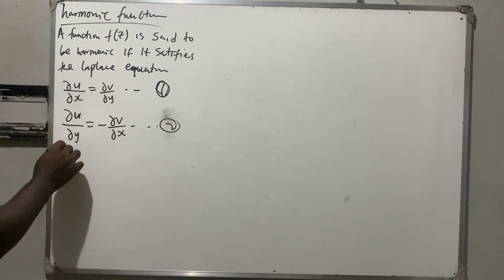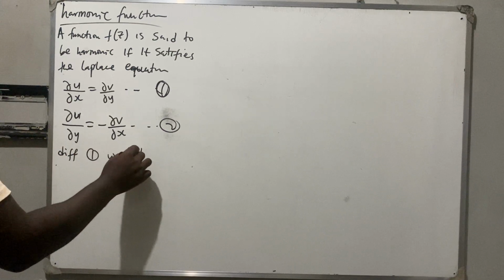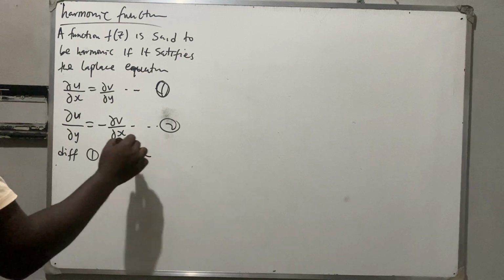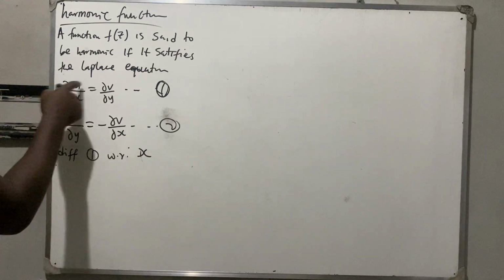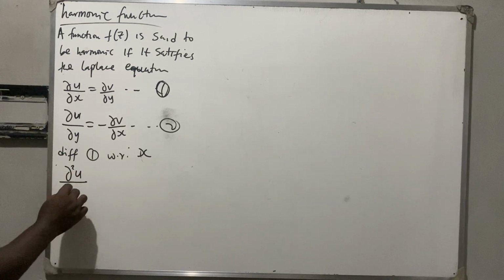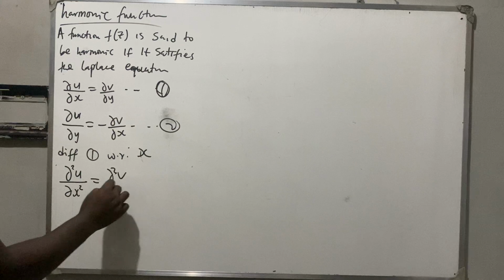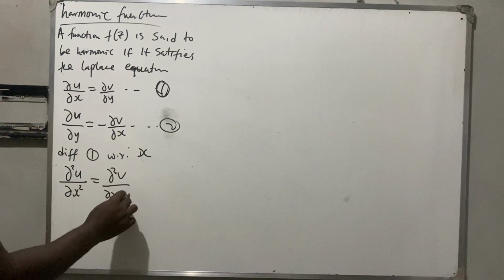So we are going to differentiate equation 1 with respect to x. If I differentiate equation 1 with respect to x, I'm going to have partial squared u over partial x squared is equal to partial squared v over partial x partial y.